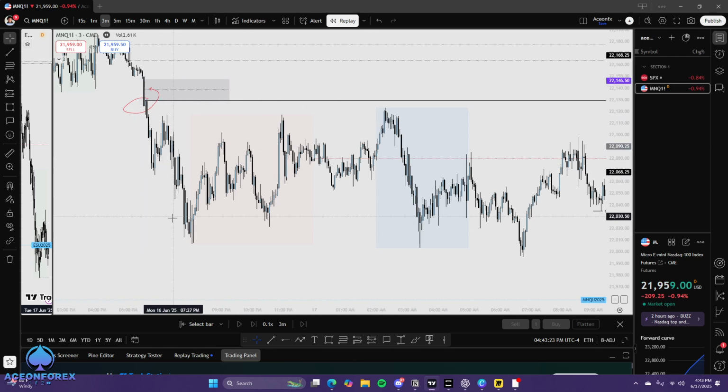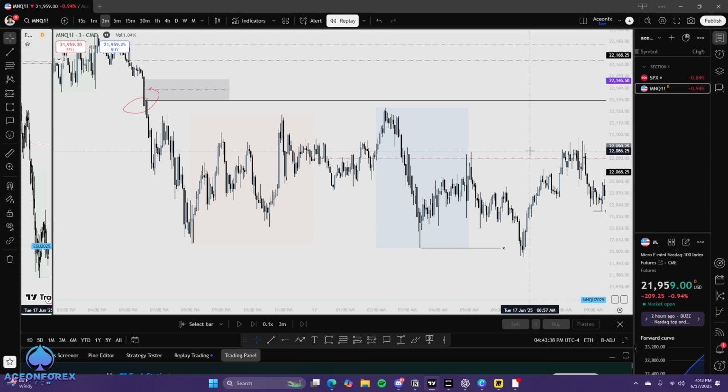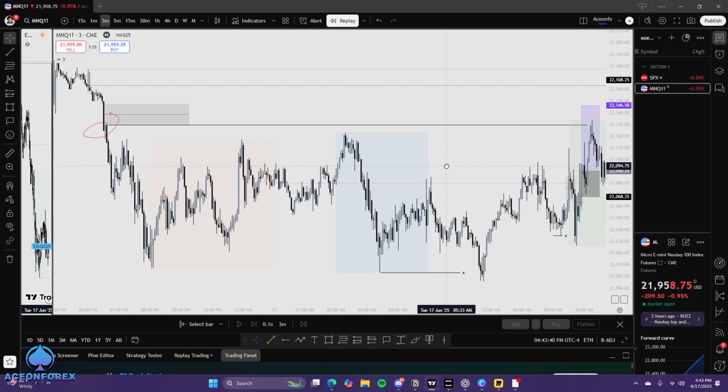We can also note that Asia consolidated and London ran both buy side and sell side of Asia. So since that liquidity pool is ran, we know London got ran.